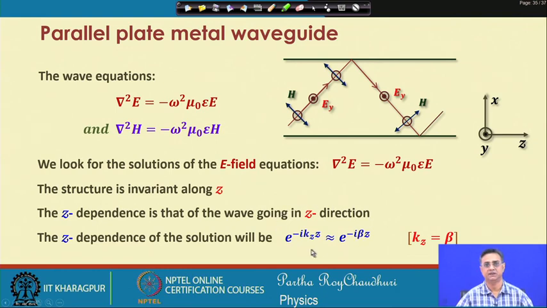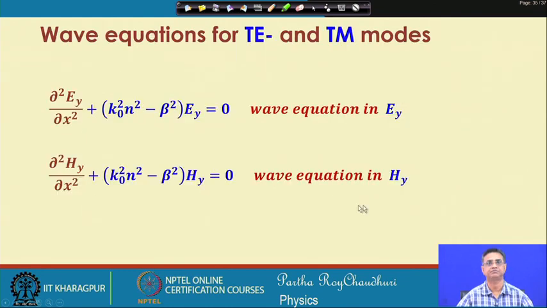So, one part is clear that if the wave is travelling along the z direction and the structure is invariant along z, you can always represent the electric field with a factor e to the power of minus i beta z.